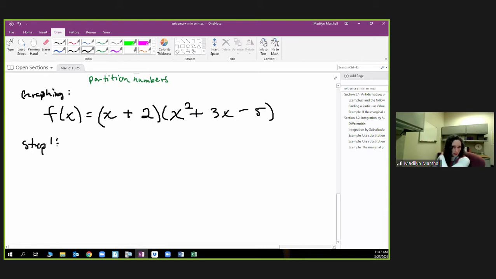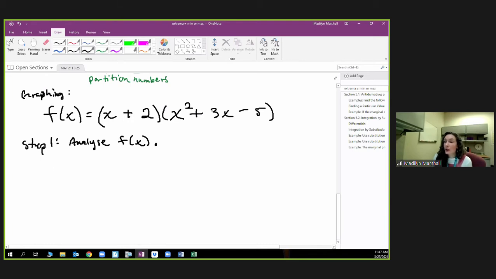So step one of the graphing process is analyzing f of x, the original function. I think analyze is supposed to have a z, but so we have multiple steps to this.